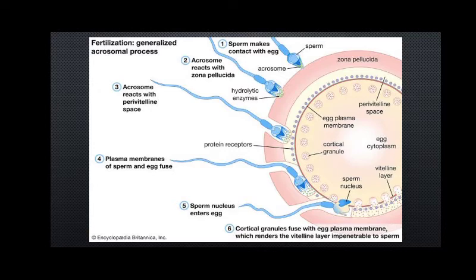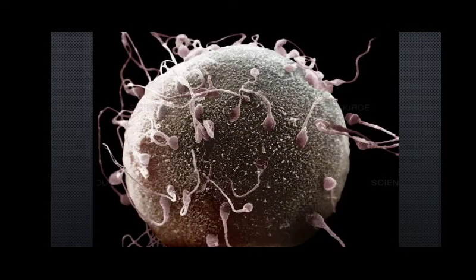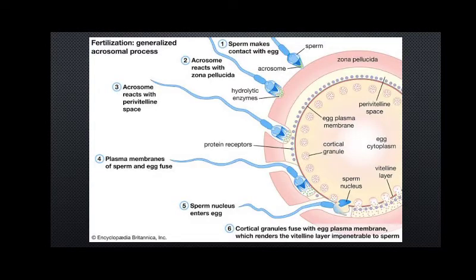If you remember, I can show you the picture one more time. Here you can see numerous sperms adhered to the surface of the ovum, but only one will be allowed to enter, because the moment one is able to enter and fuse with the vitelline membrane, the release of the cortical granules will make the rest of the sperm incapable of penetrating this perivitelline space.